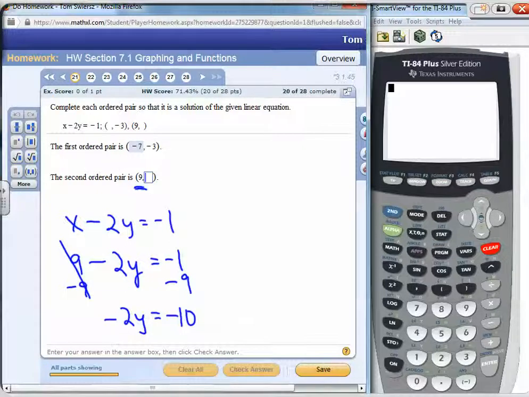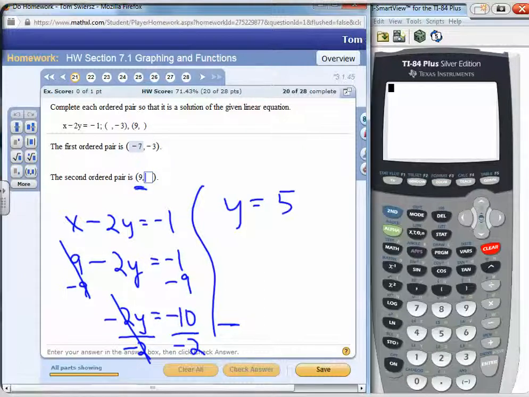Be careful. Now to solve for y, we need to do what? To undo multiplication, we divide by the negative 2. We do it on both sides because negative 2 divided by negative 2 is a positive 1, and 1 times y is just y. We're solving for y. A negative 10 divided by a negative 2, negative divided by a negative is a positive. 10 divided by 2 is 5.